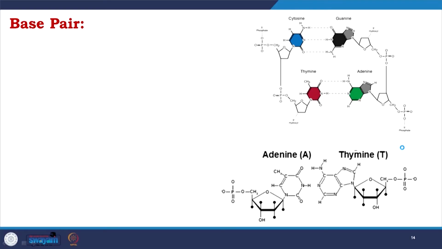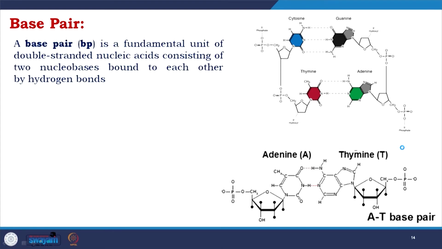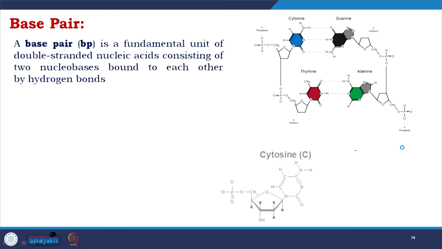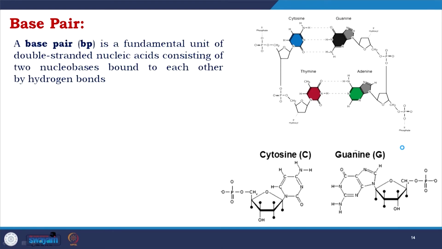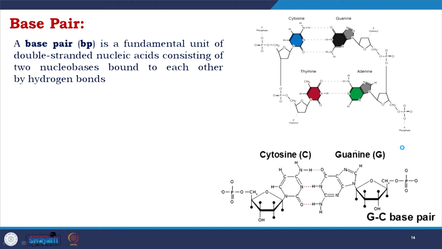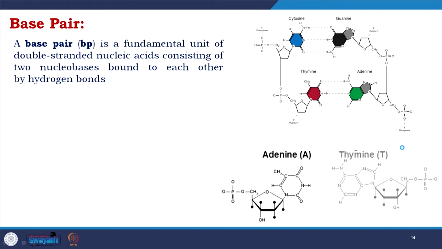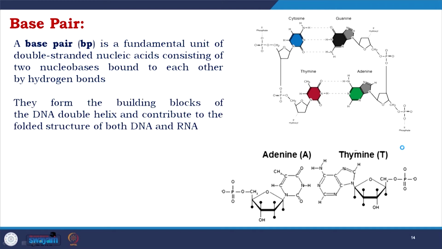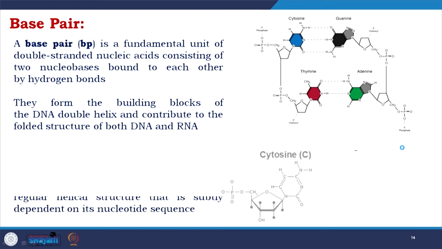Now, we will talk about the basic properties of DNA. The base pair is a fundamental unit of double stranded nucleic acids, consisting of 2 nucleobases bound to each other by hydrogen bonds. They form the building blocks of the DNA double helix and contribute to the folded structure of both DNA and RNA.